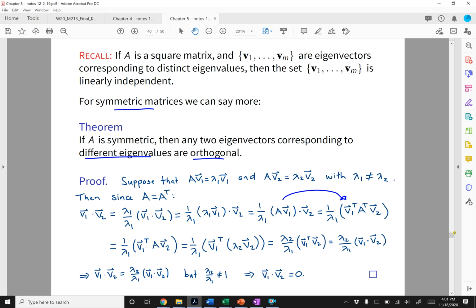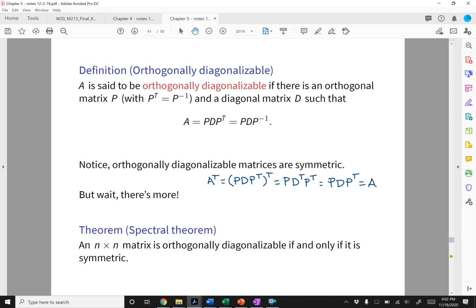But lambda 2 over lambda 1, since they're distinct, can't equal 1, and so the only way for those two things to be equal is for both sides to be 0, and so v1 dot v2 would have to be 0. So that's the proof. You can study it in more detail later.